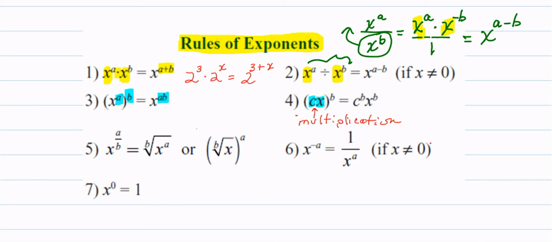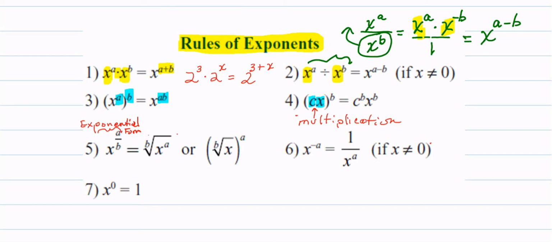So let me write that out, right on top. The first thing, x to the a over b, is exponential form.